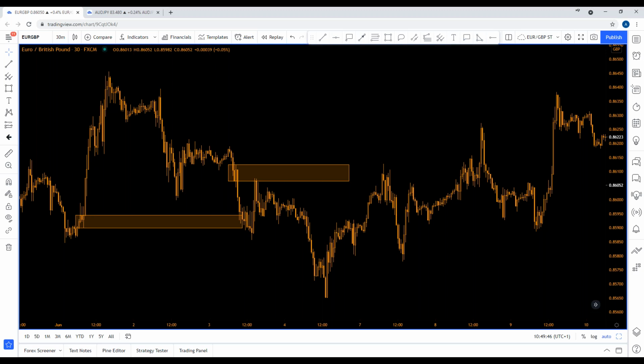Now, I see some questions. Just give me a second, guys. I do combine it, I assume that's supply and demand, with Fib levels for higher probability trade. Yes, you can. Of course you can. I mean, it's up to the individual trader how they want to determine these areas.